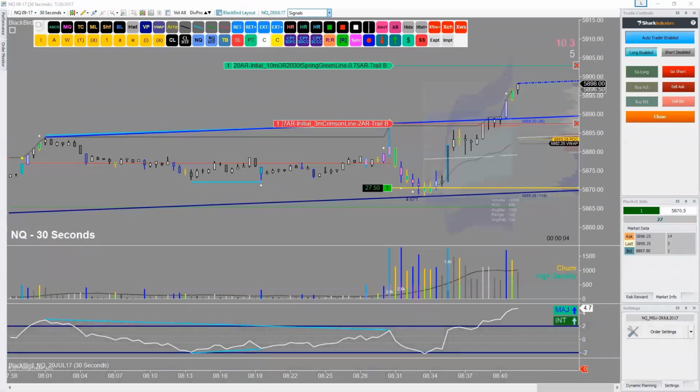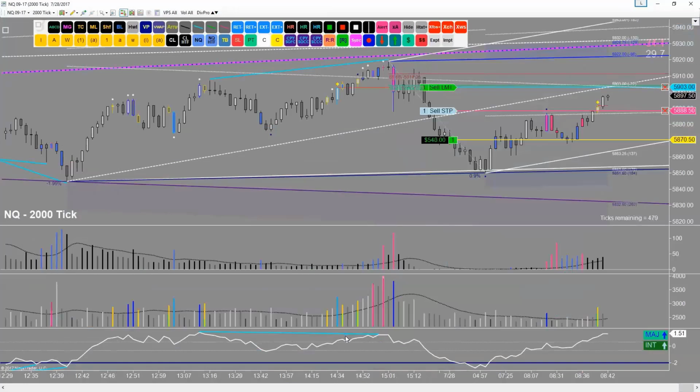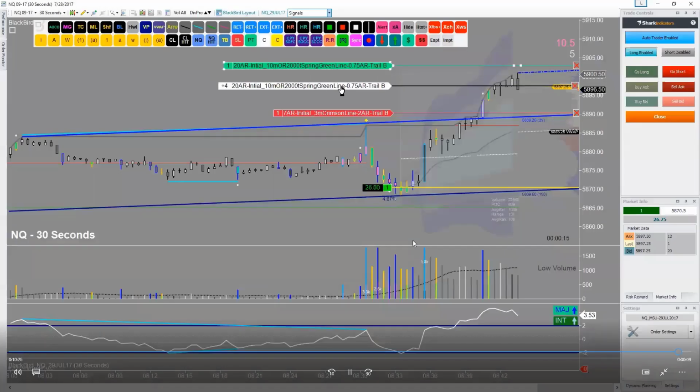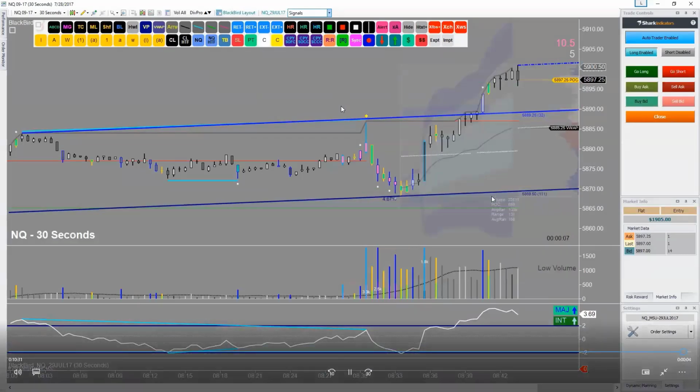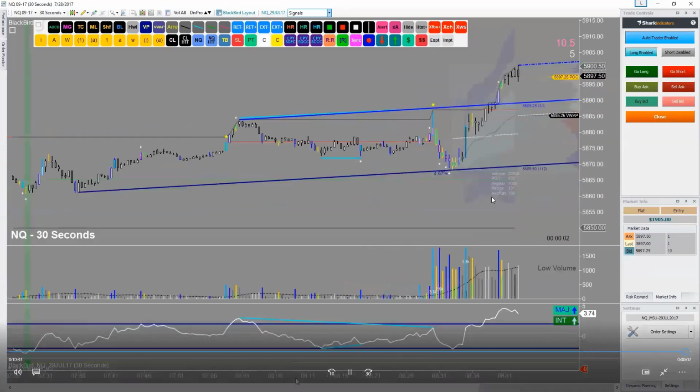All right, so it's about to fill here. And rather than waiting, I just saw a reversal bar, so I went ahead and tightened that profit target down to fill it.